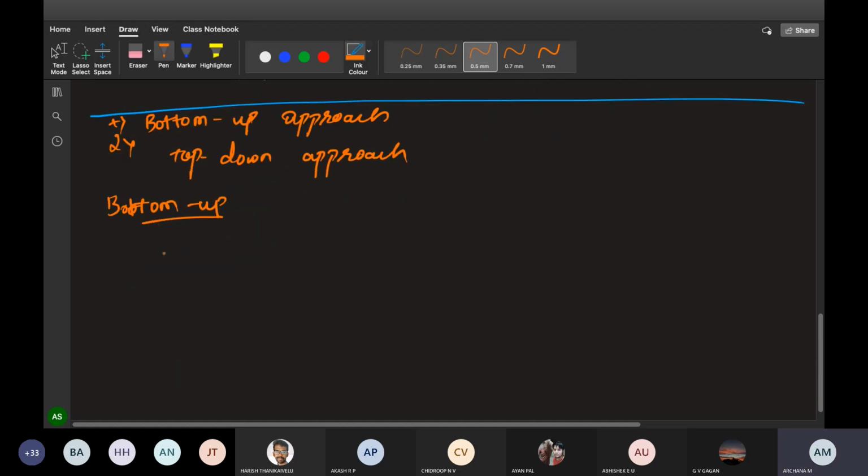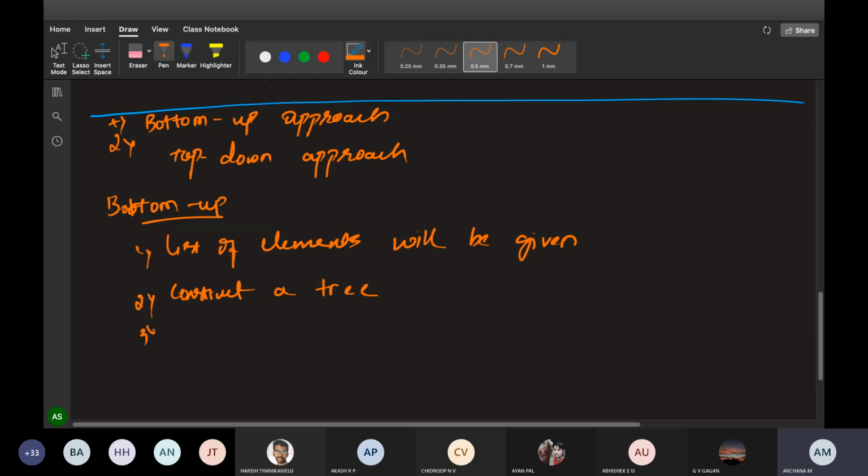A list of elements will be given. From that, construct a tree. This is the first step, this is the second step, then the third step: after constructing a tree, see parental dominance from bottom to top.